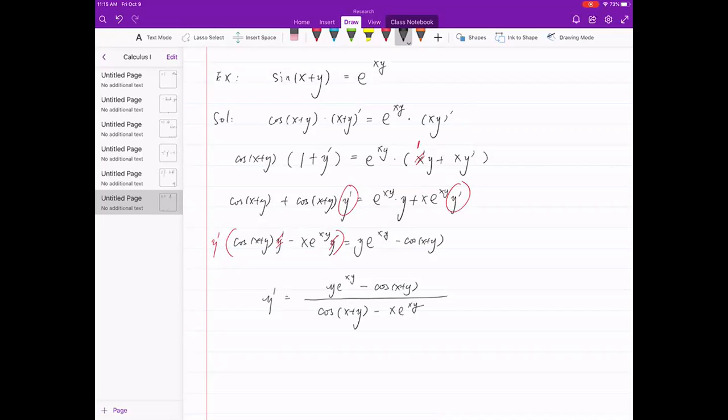Does everything look all right? Cool. If you need more time on reading the steps, keep going. If you're already good, try this example yourself.